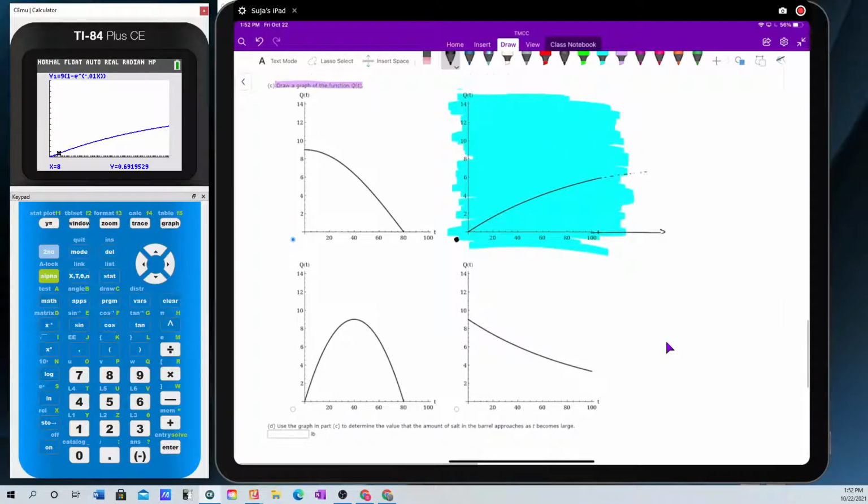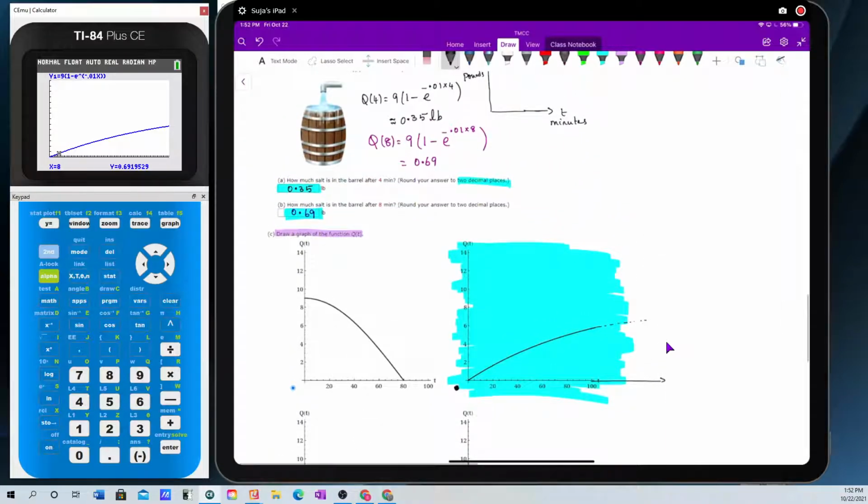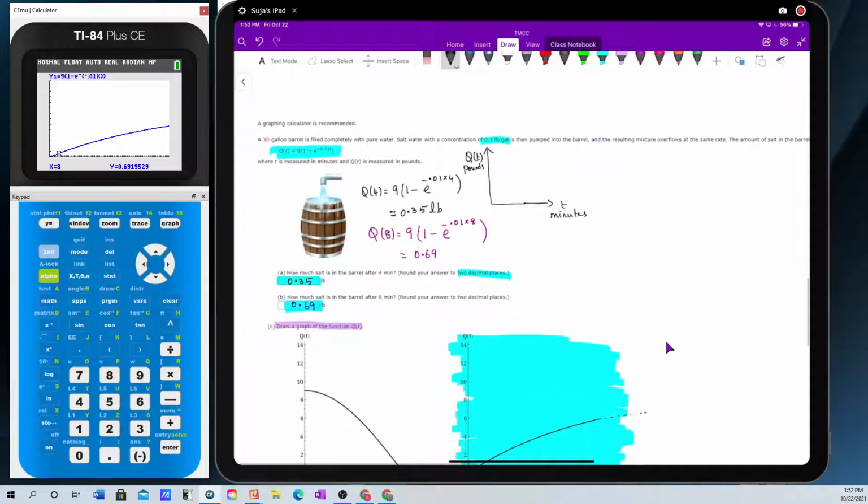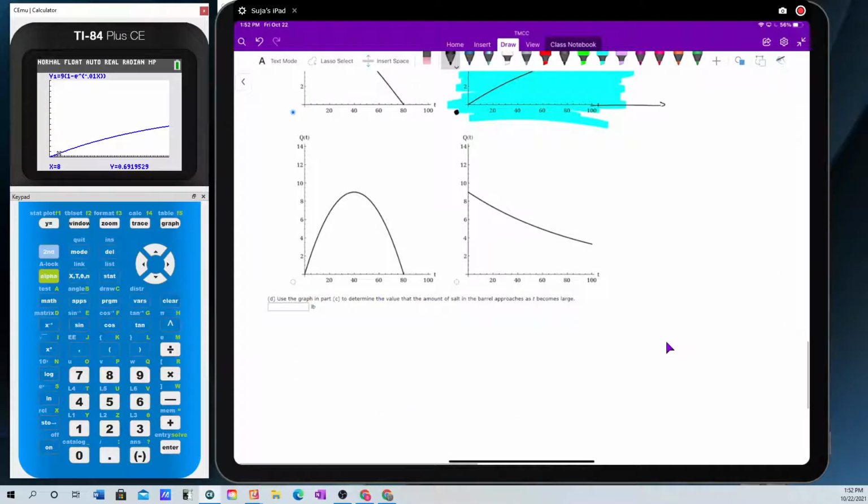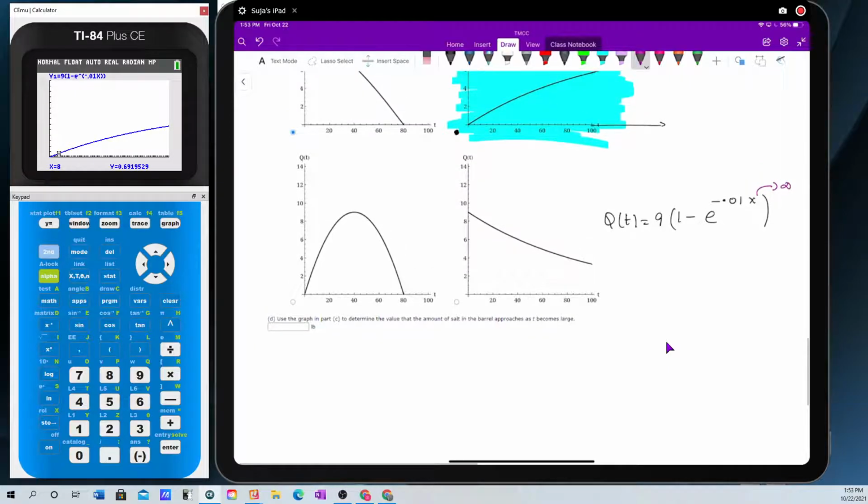And how confidently I can say that is because of this equation. My function is Q of t is equal to 9 times 1 minus e to the power of negative 0.01 times x. If x is going to infinity, to the right extreme, it goes on forever, right?